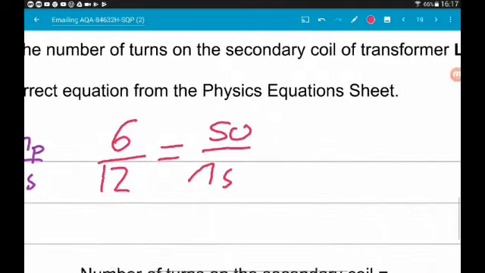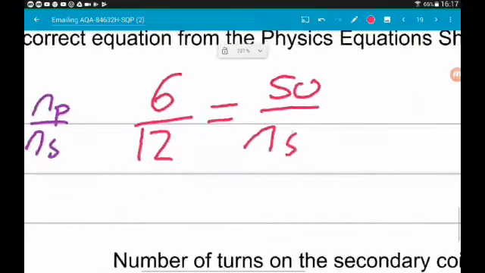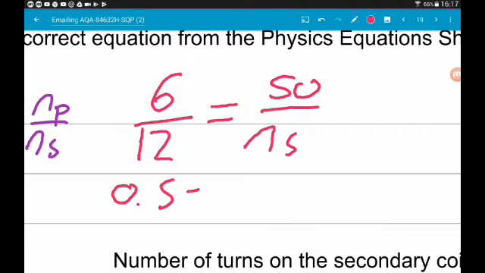Okay, 6 over 12 is 0.5, so 0.5 is equal to 50 divided by the number on the secondary.